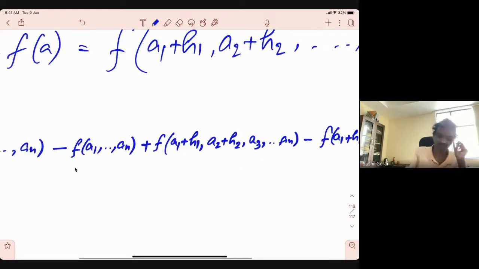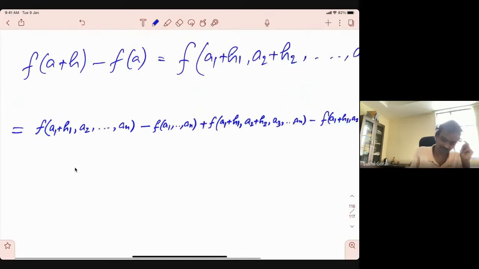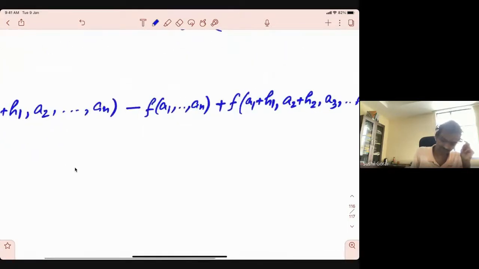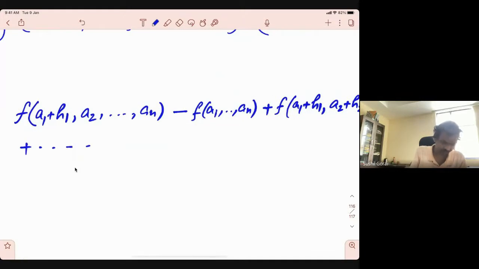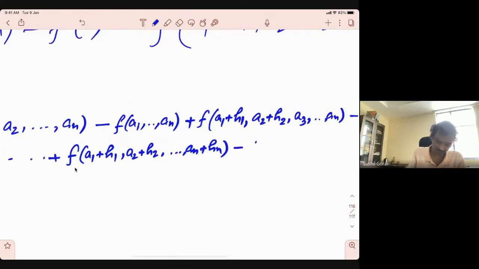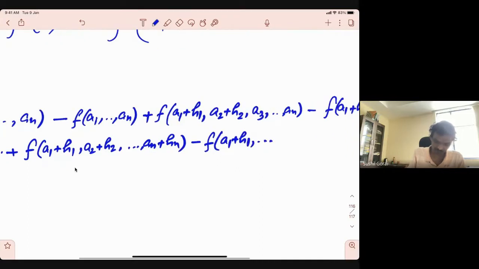Similarly, you add and subtract, keep on doing that. So the penultimate term will be f of (a1 plus h1, a2 plus h2, ..., an plus hn), minus f of (a1 plus h1, ..., a n minus 1 plus h n minus 1, an).